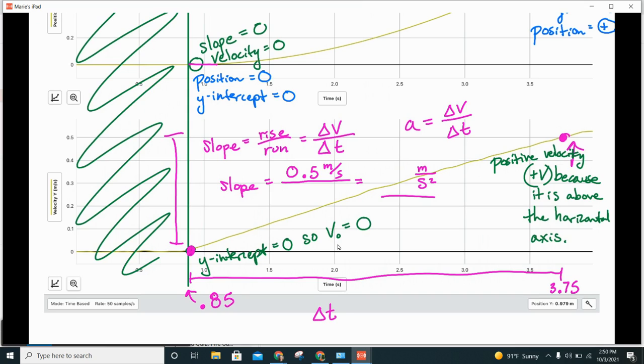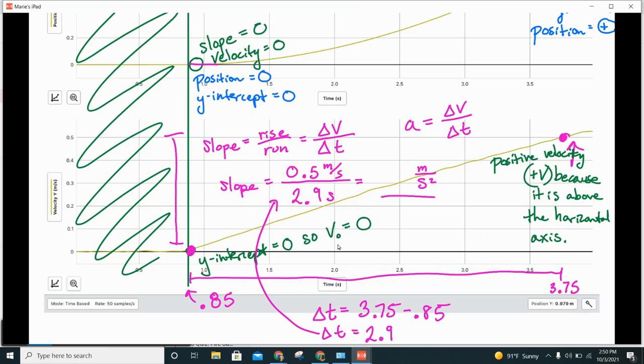So my change in time then is going to be the 3.75 minus 0.85, and I'm going to get 2.9. All right, so I'm going to take my change in time and plug it in here. So I get 0.5 divided by 2.9 seconds.